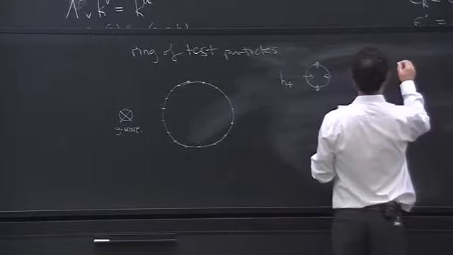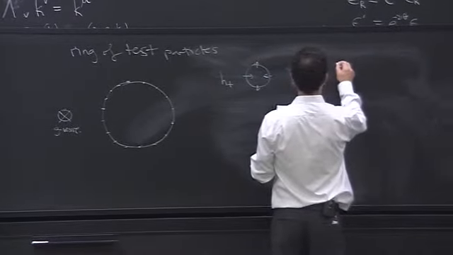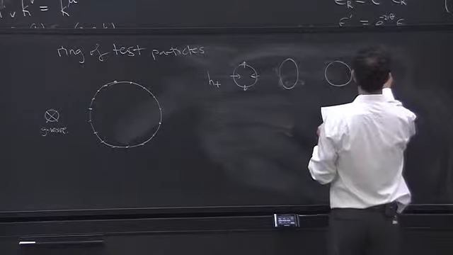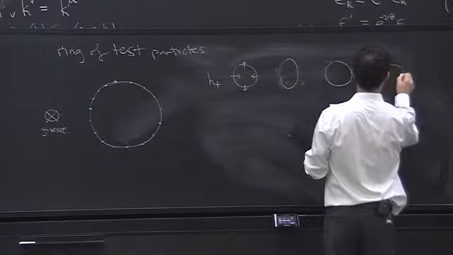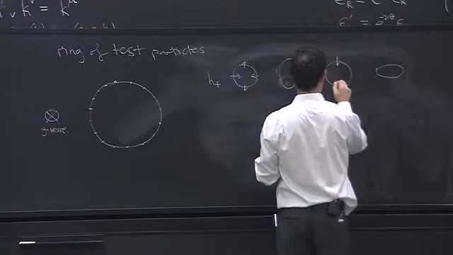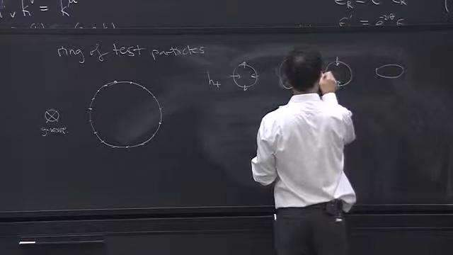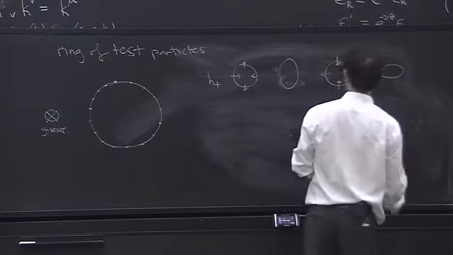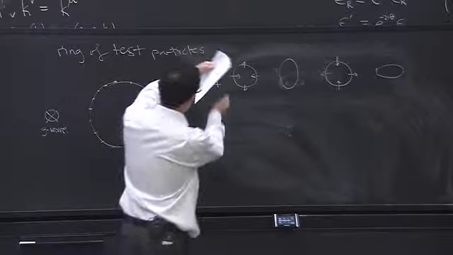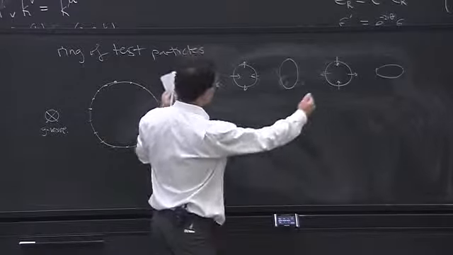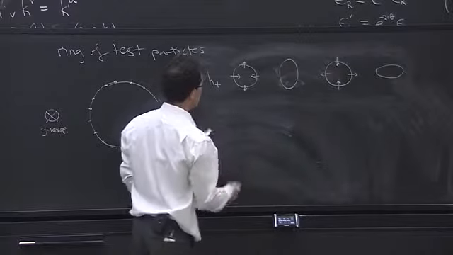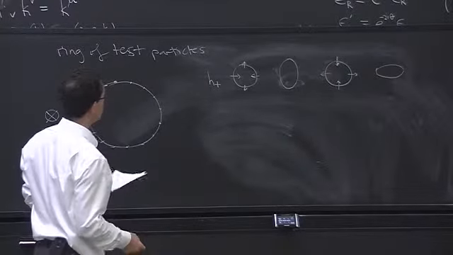And then it oscillates back to a circle. And then it goes side to side. So when it comes back, it's going down, down, out, out. And so the H plus stretches space in one direction, squishes it in the other, and the stretching and compressing oscillates back and forth.